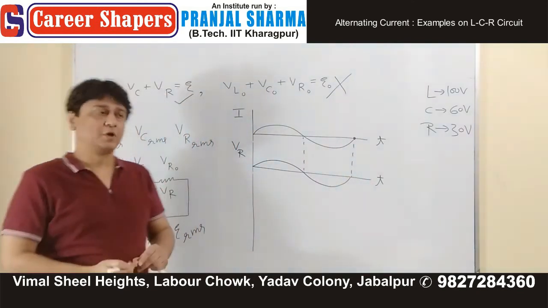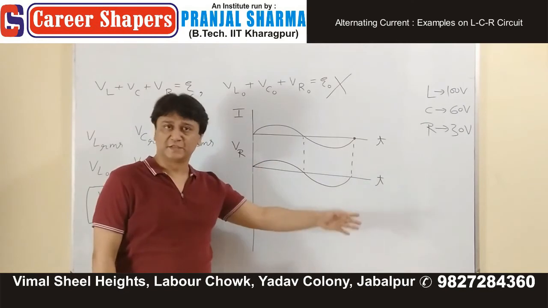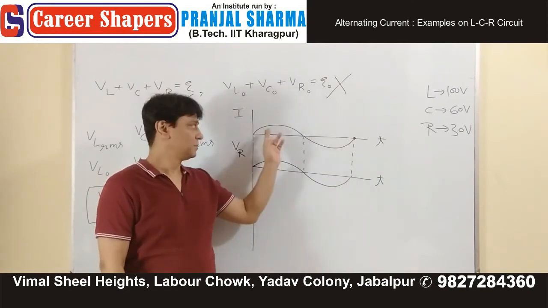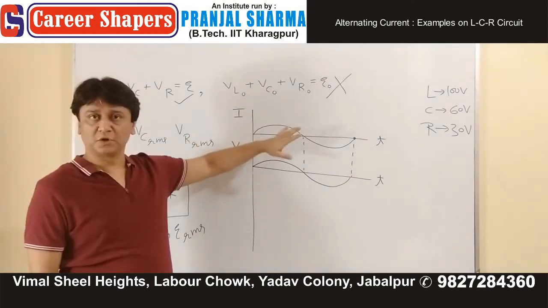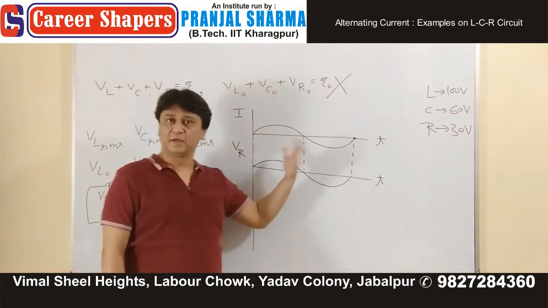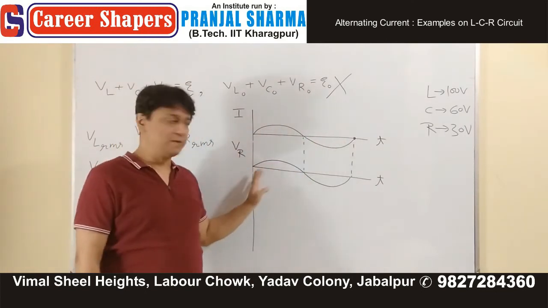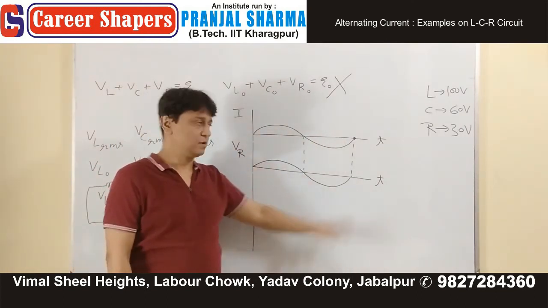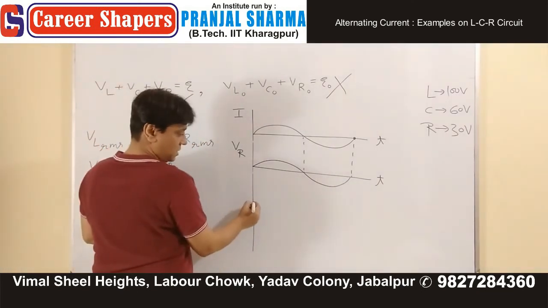You know why? Because I and VR are always in the same phase. Remember, I am not plotting values for this particular question. I have taken a very easy setup where I is a simple curve so that we can easily plot VR and all. This is VR.